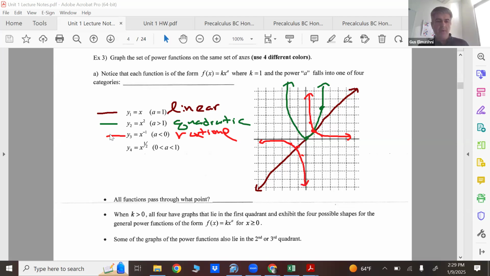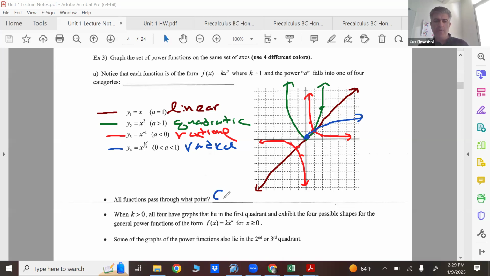And lastly, we'll go blue. That's a radical. Will that have anything to the left of the y-axis? No, right? It's not defined for that. Okay.